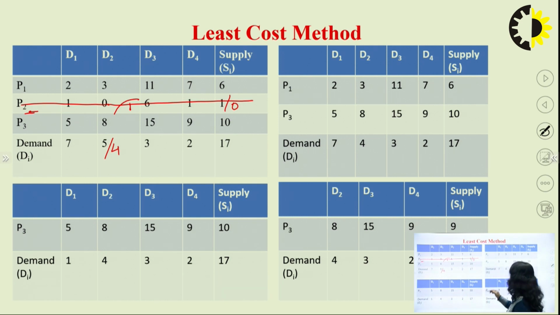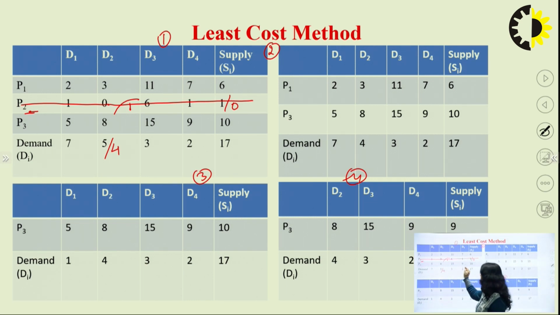Okay. So, you can see here in my second matrix, I am drawing the number, this is second, this one is third and this one is fourth. Okay. In my second matrix, I have not shown this P2, because here the supply already became 0. So, here we will consider this. So, this will become same 2, 3, 11, 7, 6.